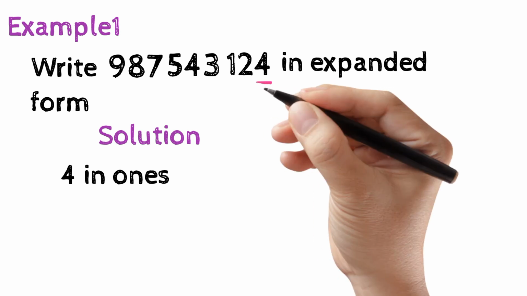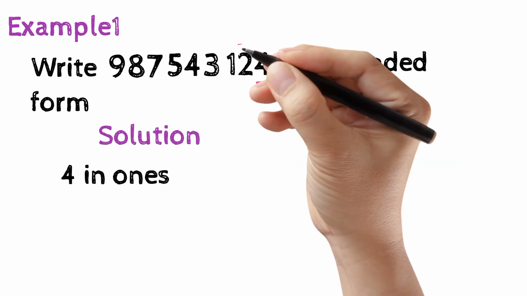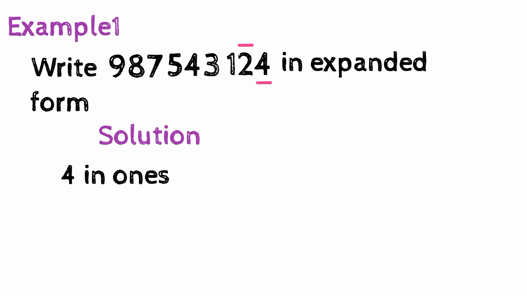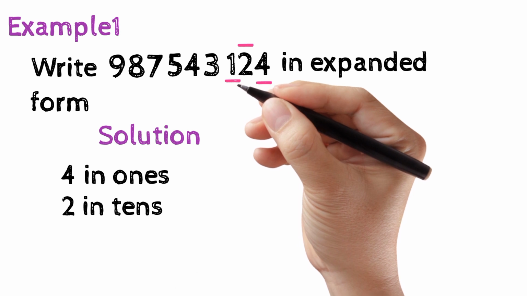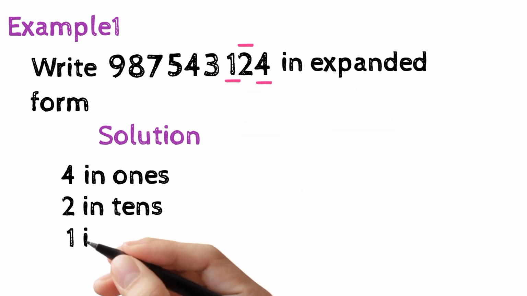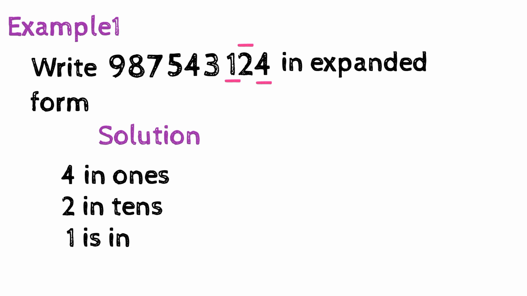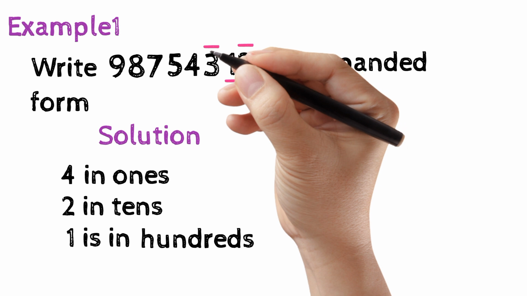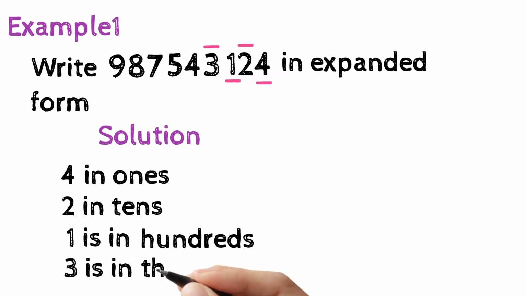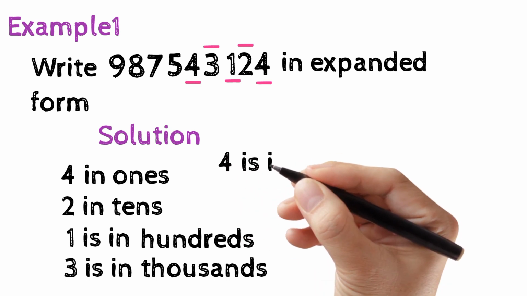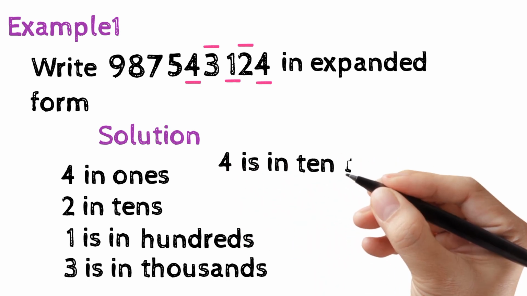So the first number from right is in ones, followed by 2 which is in tens. So the place value of 4 here is in 100, and the place value of 3 here is in thousands. Followed by 4 which is in ten thousands.